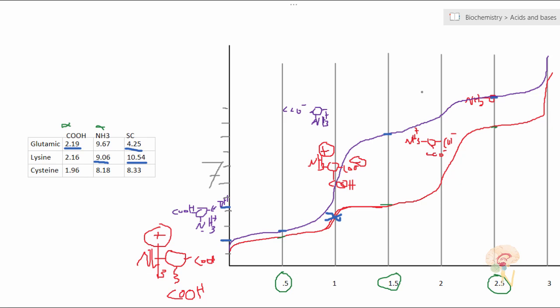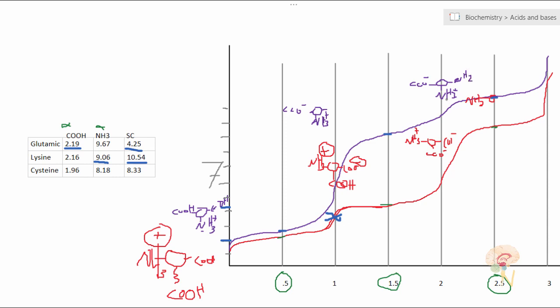Here we will have COO minus again, and remember, the alpha groups dissociate first, so this one would be NH3 plus because it is the most acidic, and this is less acidic. This is the most basic and this is less basic, so it is more acidic and tends to lose earlier, so NH2.